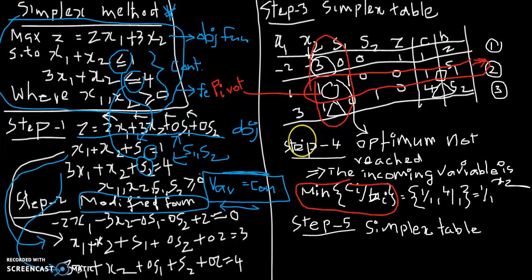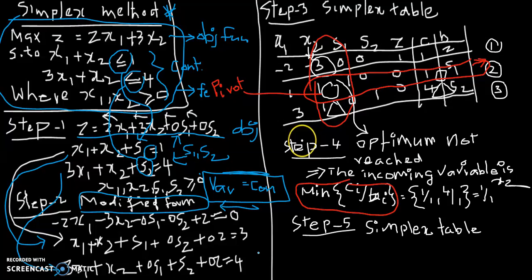So the constants are on one side and all the variables are on the other: x1, x2, s1, s2 and z are all included on the left-hand side.